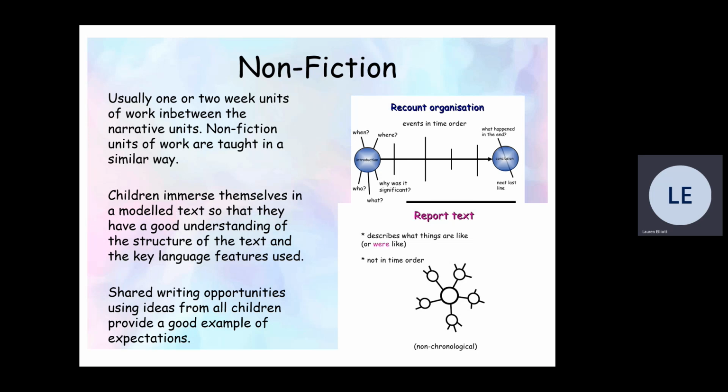The children have looked at several different examples of non-chronological reports. We've looked at the features, we've pulled out the language, as well as looking at different types of animals for them to pull that language out of. There's lots of shared writing opportunities using ideas from all children and to provide a good example of expectations.